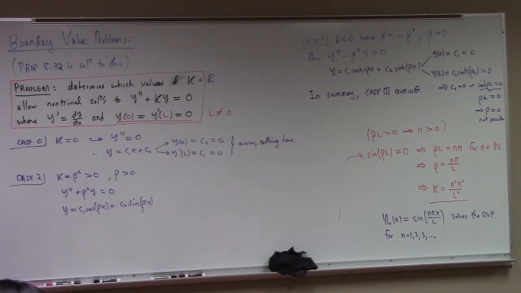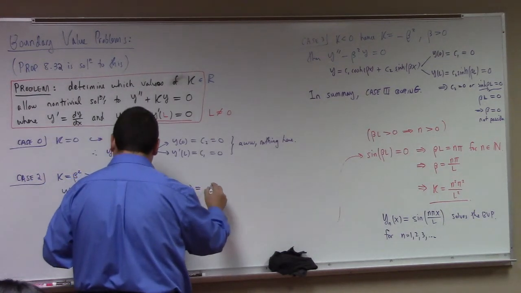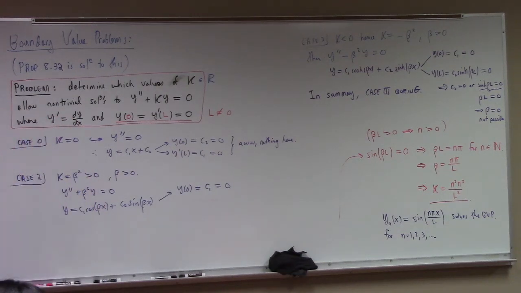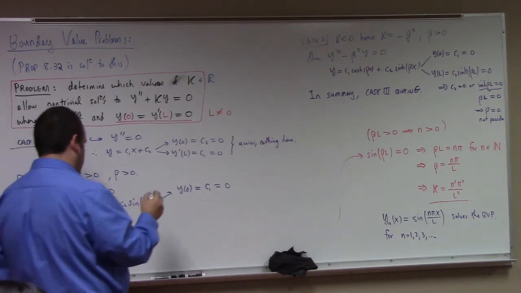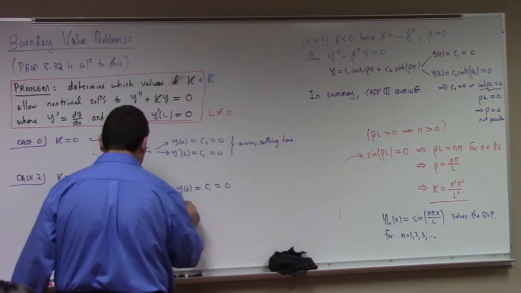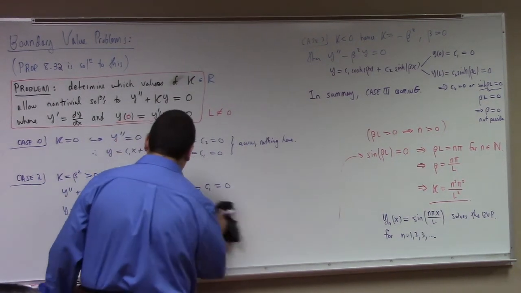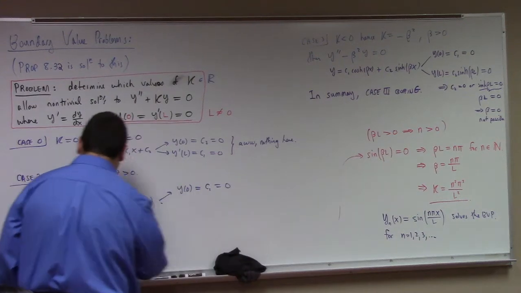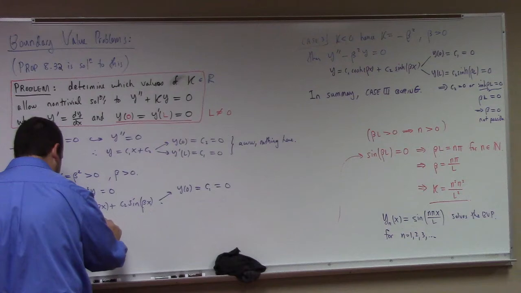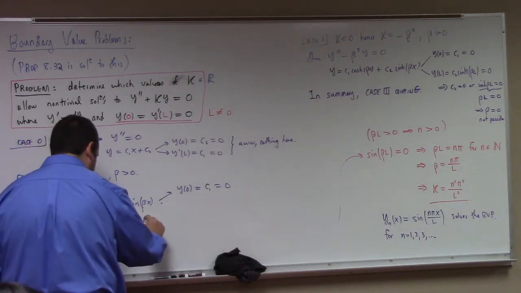Anyway, what's y of 0? It gives me c1 equal to 0. And how about y prime of 0? Well, what's y prime of x? y prime is minus c1 beta sine beta x by the chain rule, plus c2 beta cosine beta x.